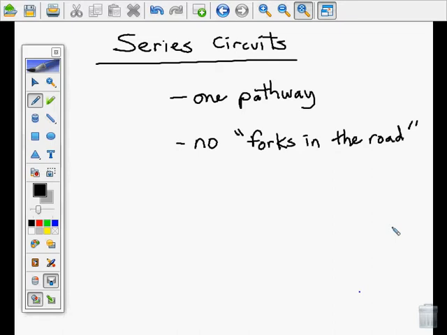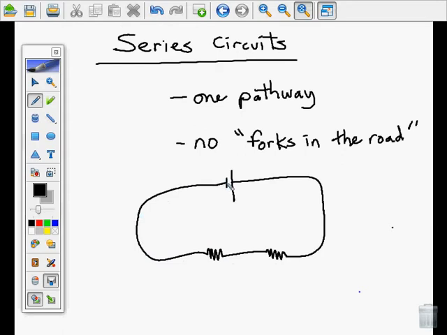For example, if we had a circuit like this, up at the top we have the battery, and then the fictitious positive charge that is, leaves the positive terminal, goes through here, and as it goes around there's only one pathway. No choice. You just keep going forward.